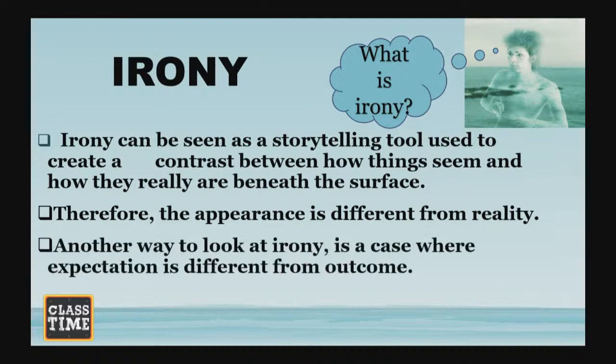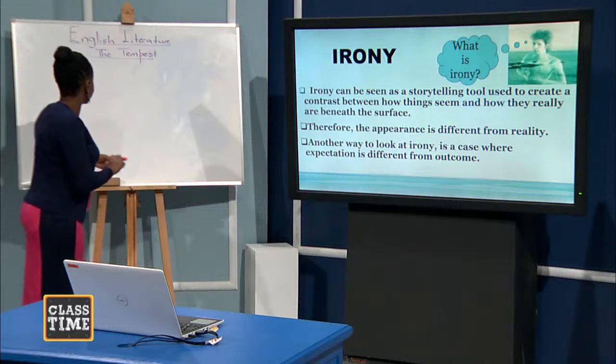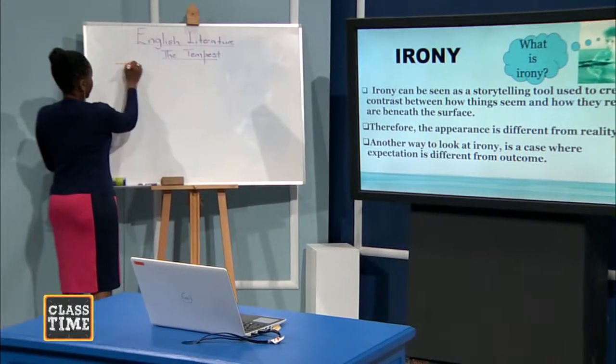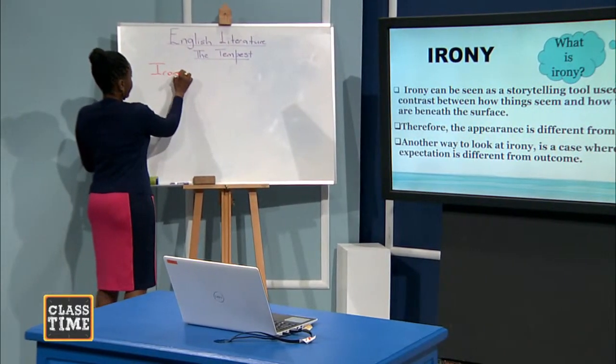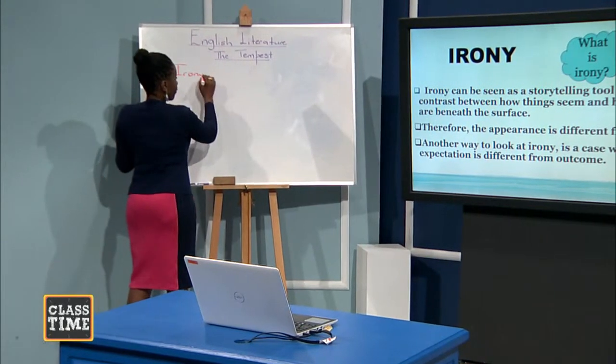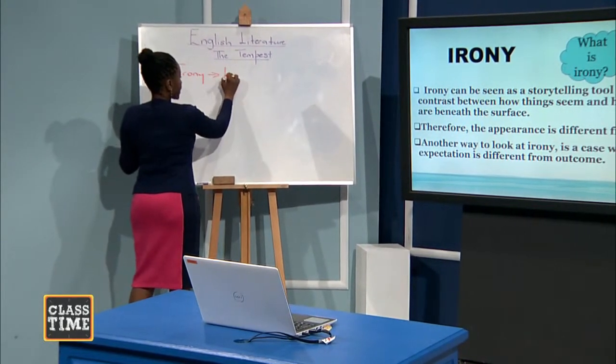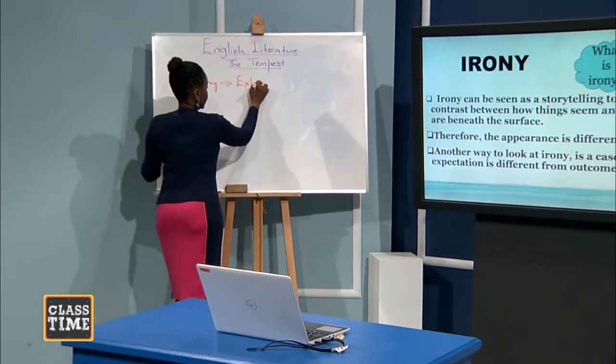Another way to look at irony is a case where expectation is different from outcome. So I'm going to use a little mathematical expression here. Yes, I'm infusing mathematics into my literature class to show you how irony works. So here we have irony. So irony is a case where expectation is not equal to outcome.